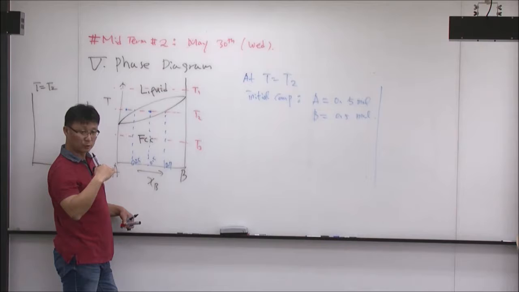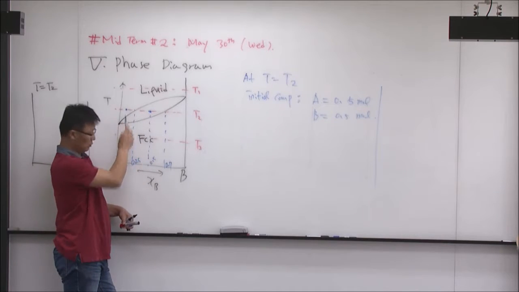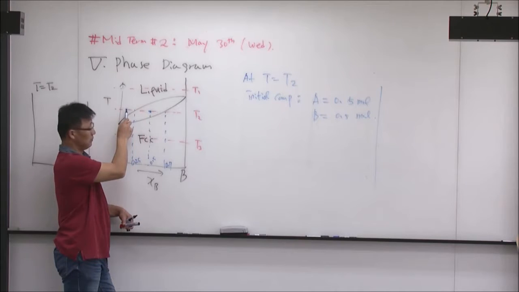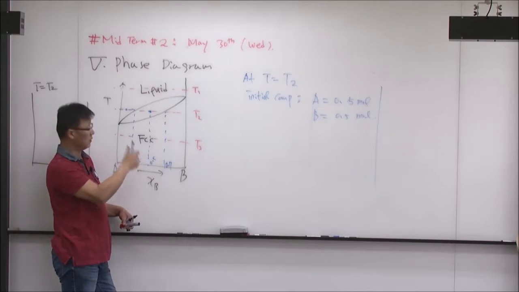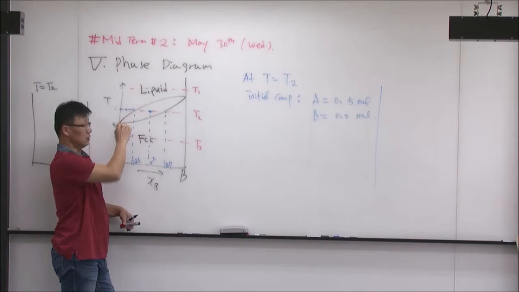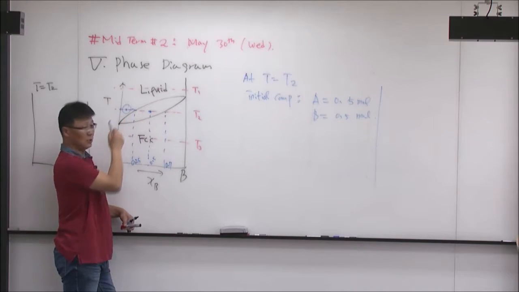Phase equilibrium is always at the given temperature. So if your composition is 0.1 at this temperature, you look at the left side and right side boundary. The left side boundary looks like the boundary of the liquid phase.